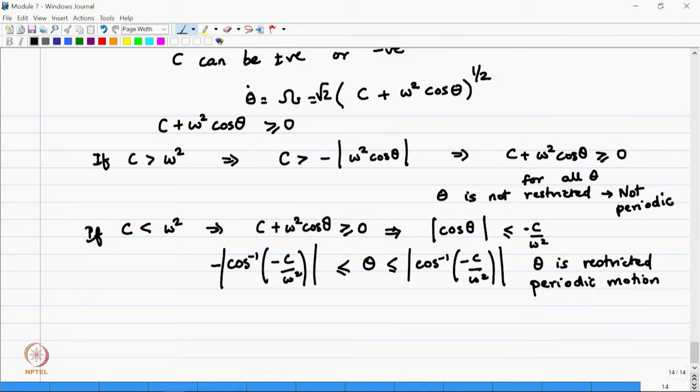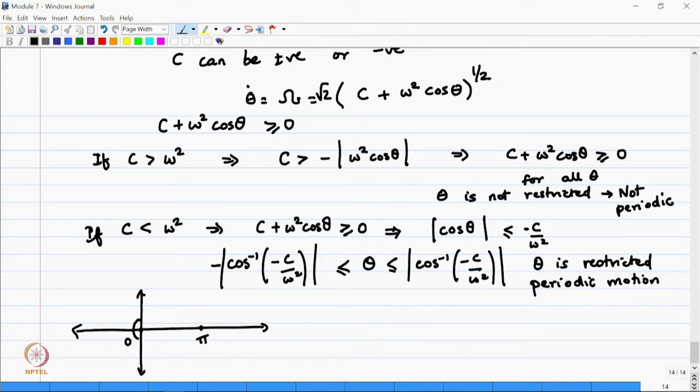So, what is the implication of this? Based on the value of C and omega square, I will just take a few points to illustrate: 0, pi, and 2 pi.